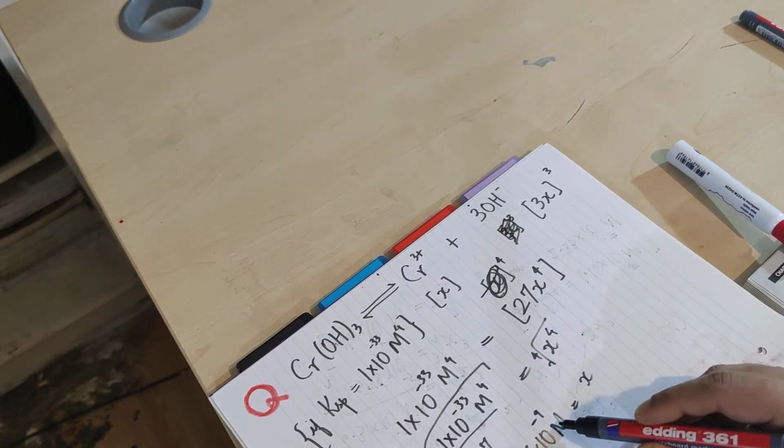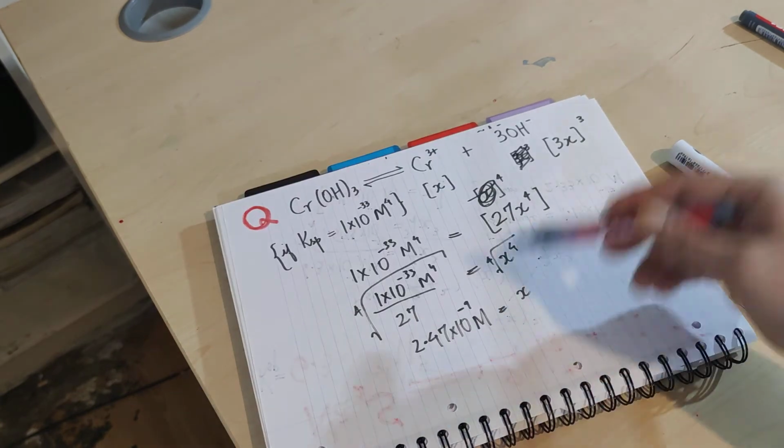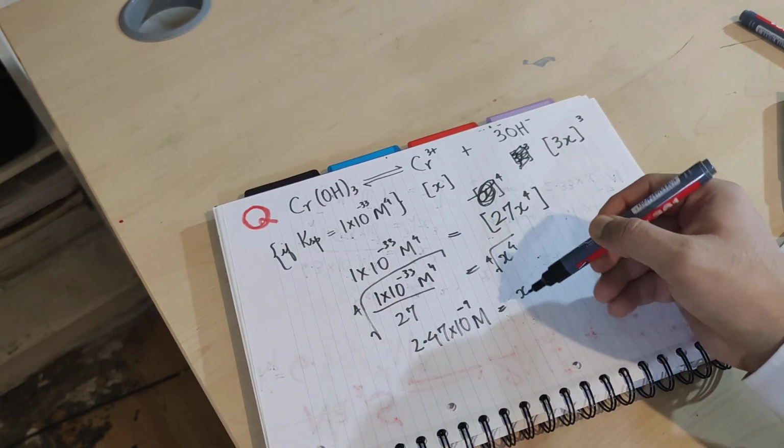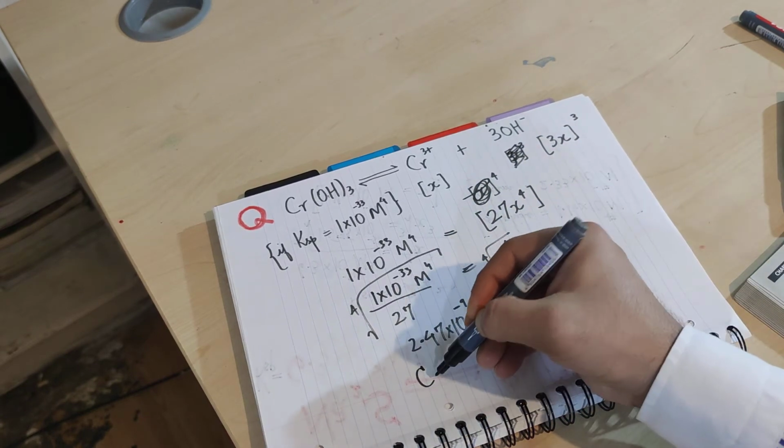So it'll be nanomolar, and this would be the concentration of chromium, and treble it would be the concentration of hydroxide ions. So you'll have to mention it here.